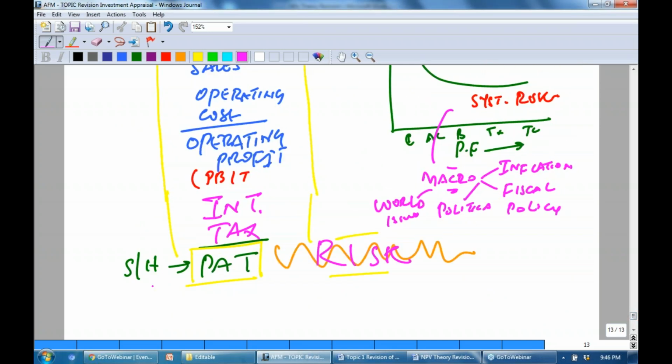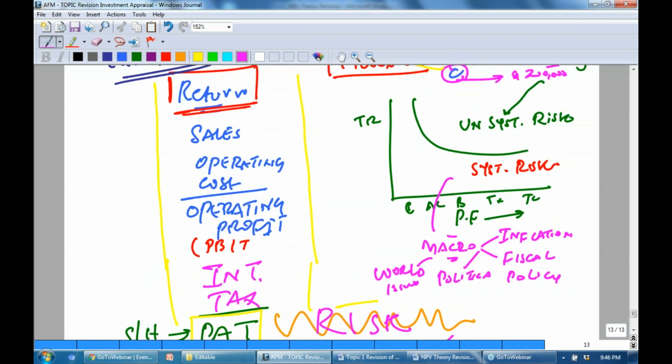So our question remains the same. Why are shareholders worried that in future this profit after tax may not be available? That's a variation. There are three aspects that need to be considered. Number one, the systematic risk hits the operating profit.